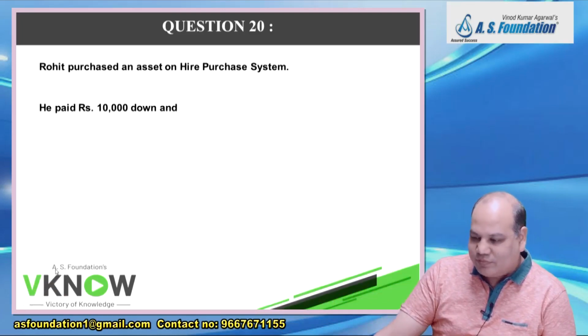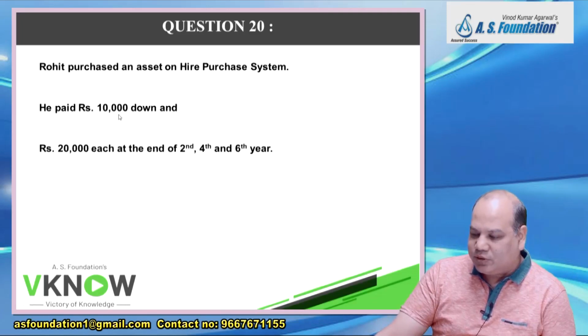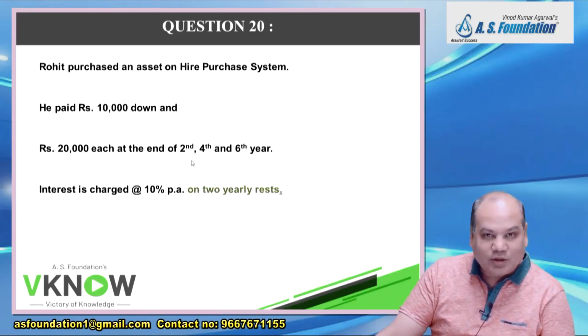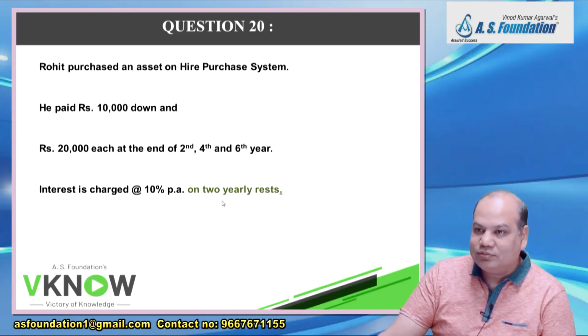Rohit purchased an asset on HP system. He paid 10,000 down and 20,000 each at the end of second year, fourth year and sixth year respectively. Now this time the gap is how many years? Gap is 2 years. Interest is charged at 10% per annum on 2 yearly rest.